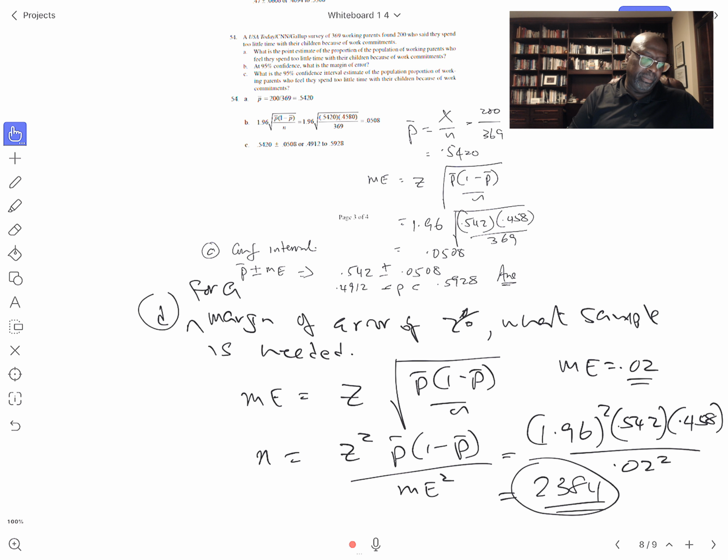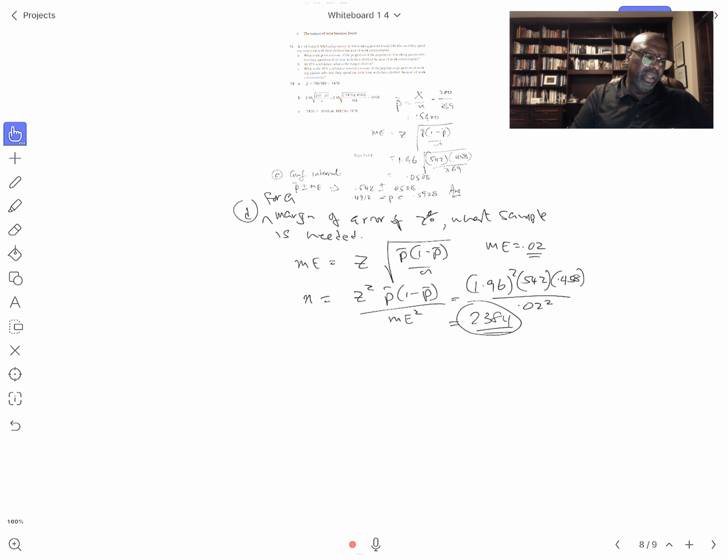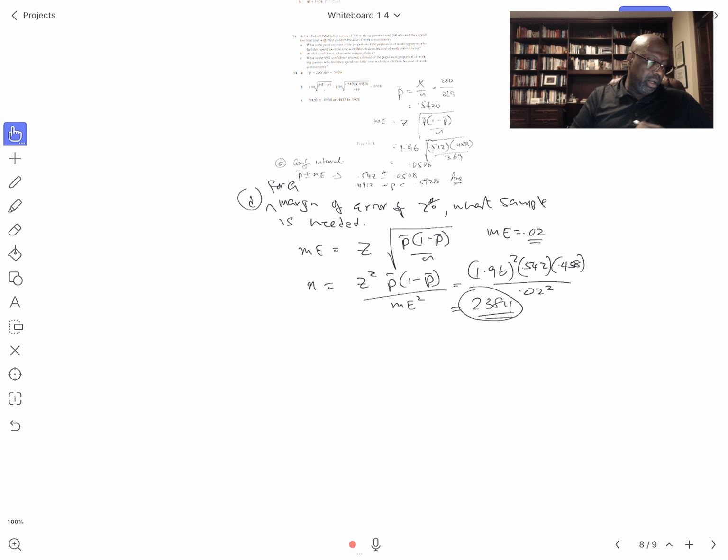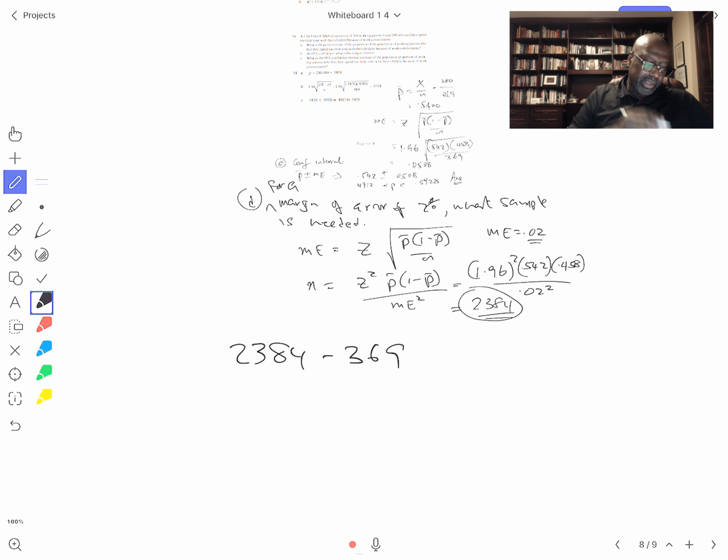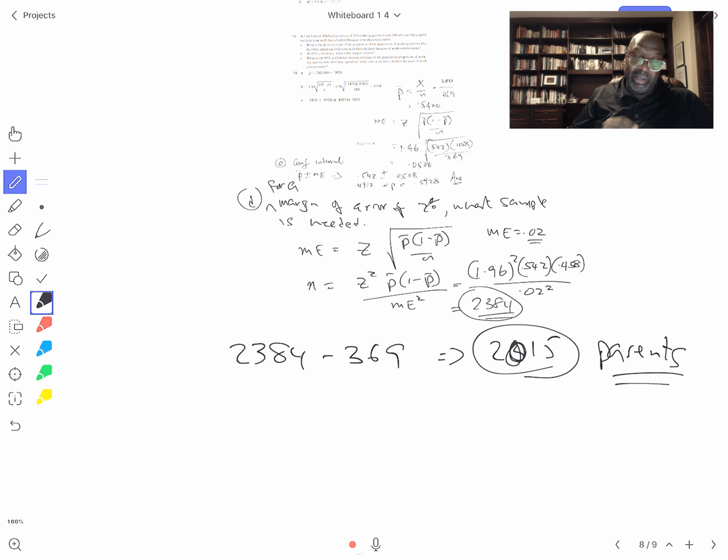And you have to ask yourself, is it worth it to spend all that money to survey an additional, we have 369, so 2384 minus 369 is 2015 additional parents, to get this level of precision.